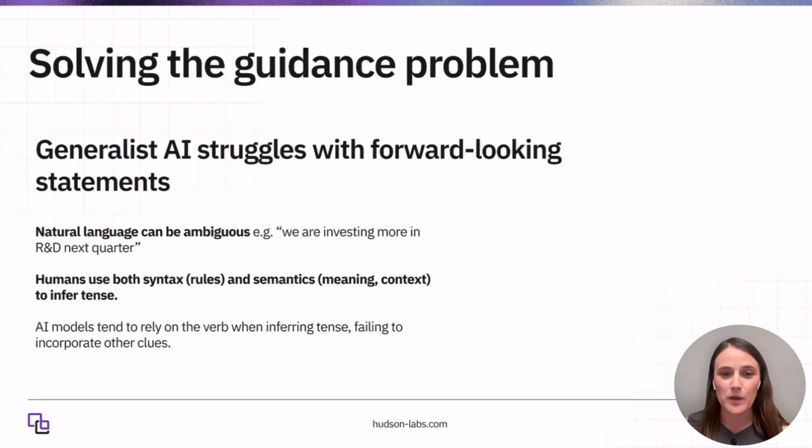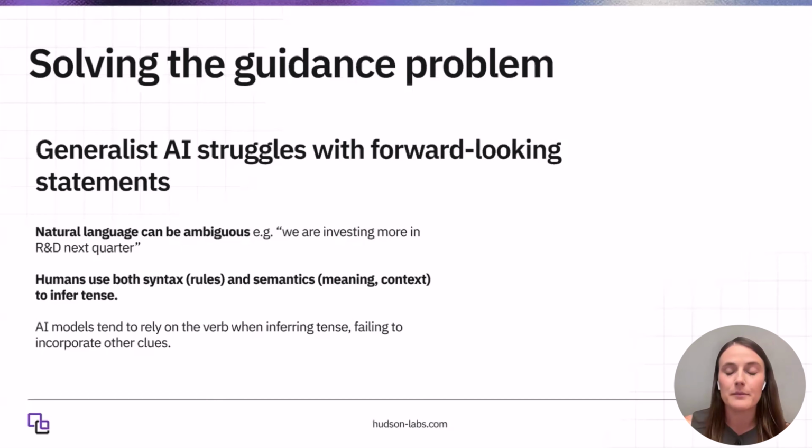One example: we are investing more and more next quarter. I don't think anyone on this call thought I wasn't referring to the future when I said that. But a generalist model will very frequently focus on the tense, ignore the other cues, and assume that statement is present tense, not related to the future.